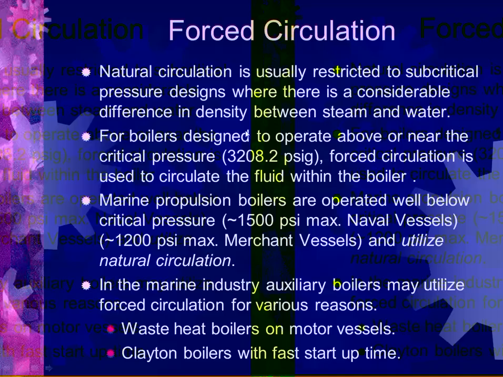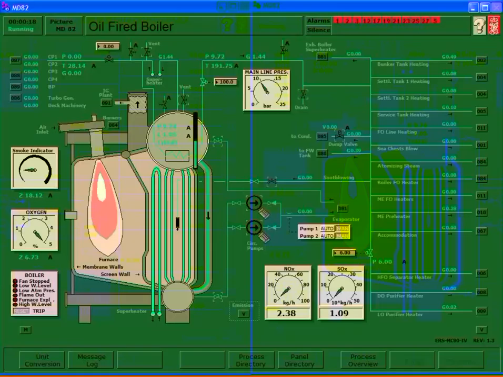Let's go back a little bit because I forgot on that. So I have these 2 circ pumps right here. We'd only use one at a time, and it's going to draw water out of the mud drum. It's going to send it to your exhaust gas boiler. That returns back and into the steam drum.